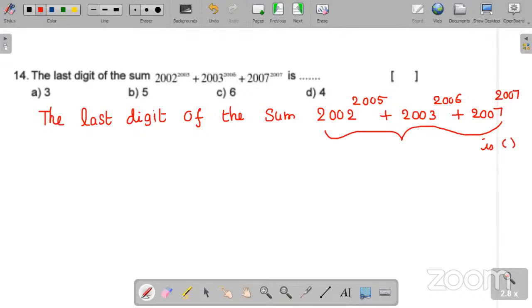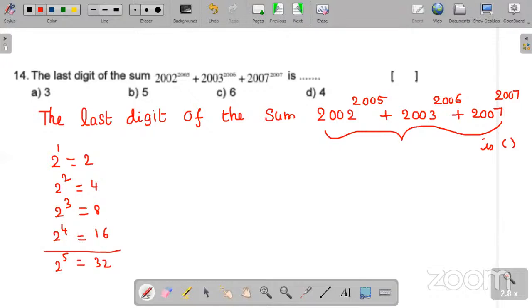Last digit means the unit digit of the resulting number. So my dear students, remember one thing. Once again, check it. 2 power 1 is 2. 2 square is 4. 2 cube is 8. 2 power 4 is 16. Again 2 power 5 is 32.